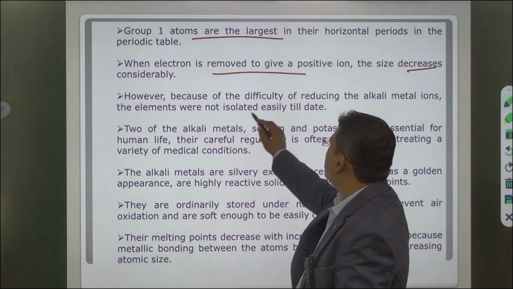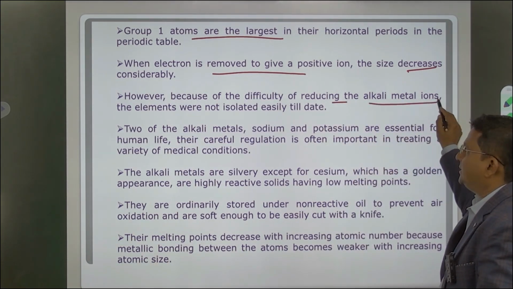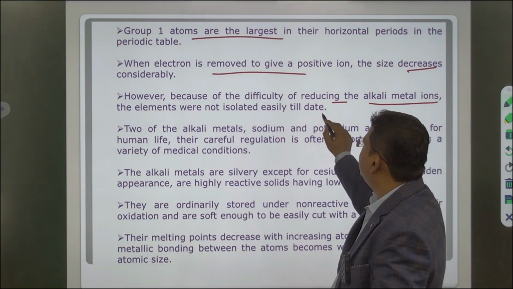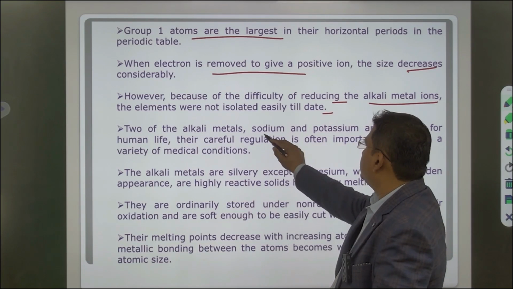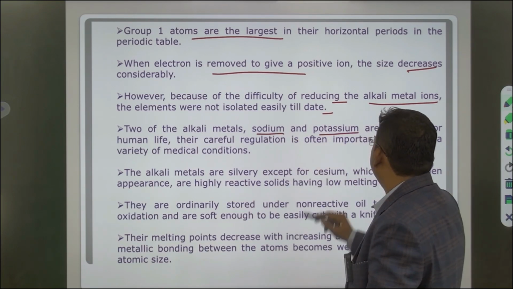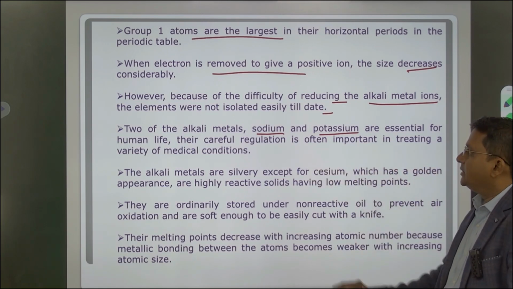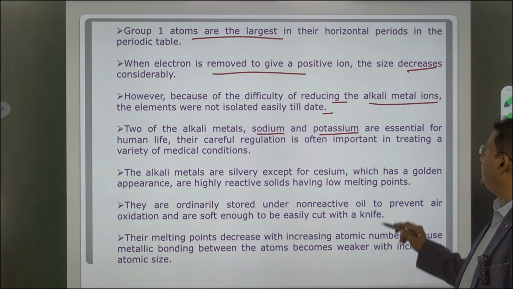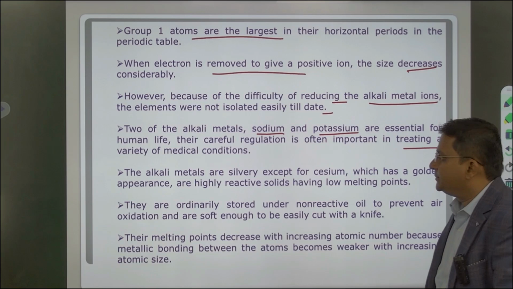However, because of the difficulty of reducing the alkali metal ions, the elements were not isolated easily till date. Two of the alkali metals, sodium and potassium, are essential for human life. Their careful regulation is often important in treating a variety of medical conditions.